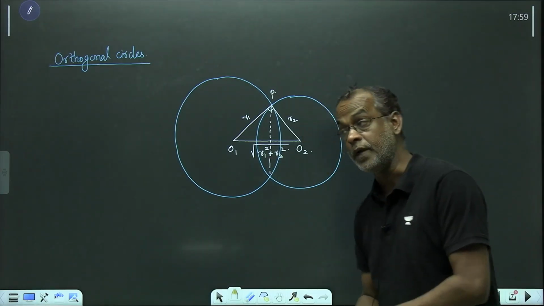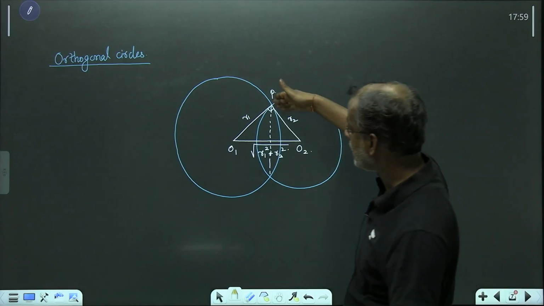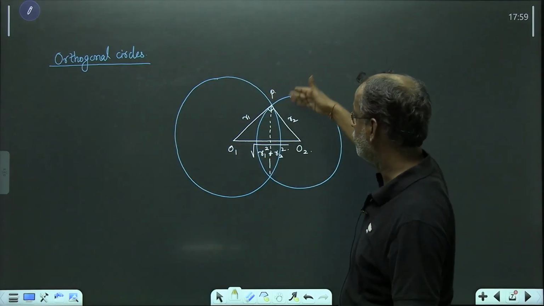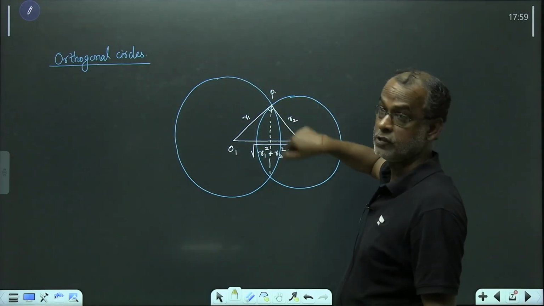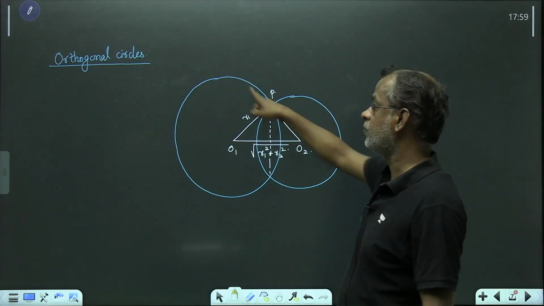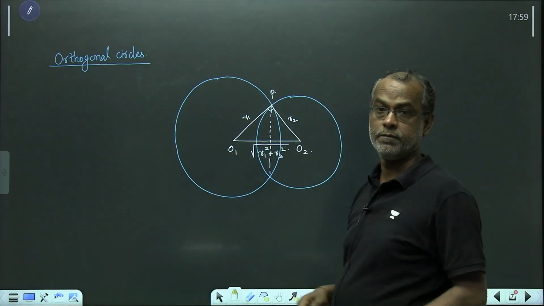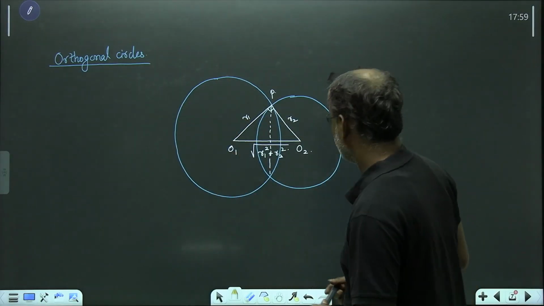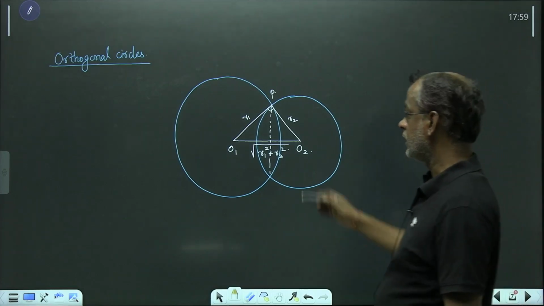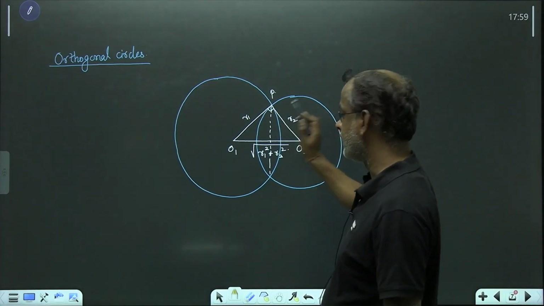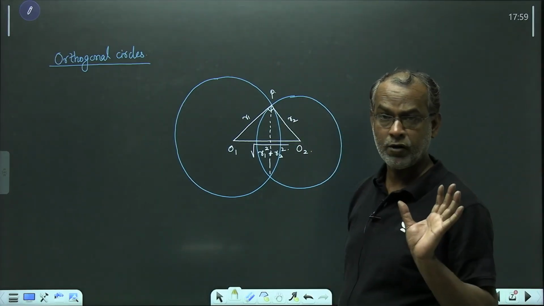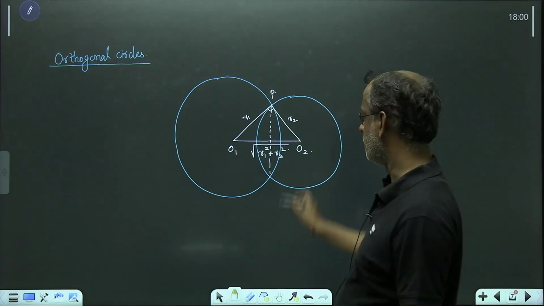That means the radii of this circle would be tangent to this one, and the radii of this circle would be tangent to this one. What you can see is that if somebody asks you to find the length, you can very easily find it. I hope I am very clear.